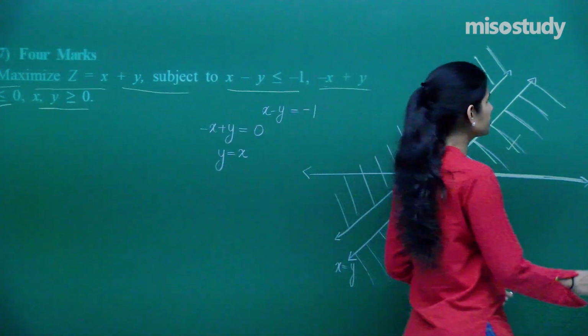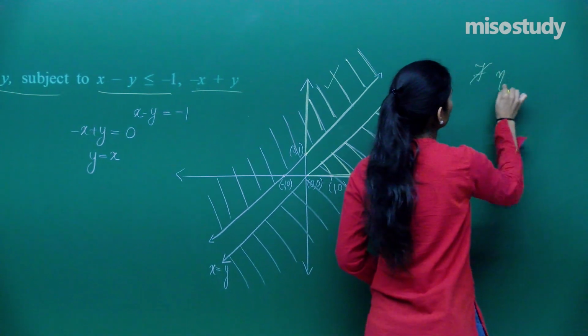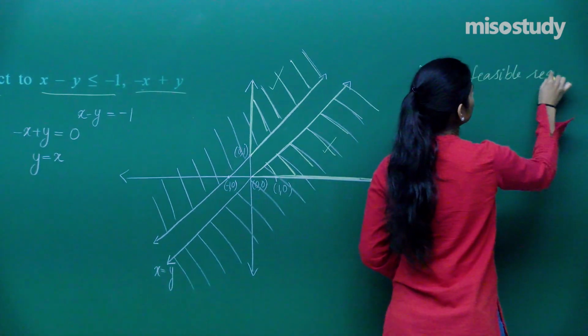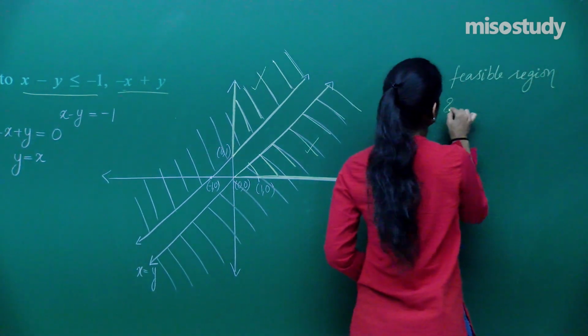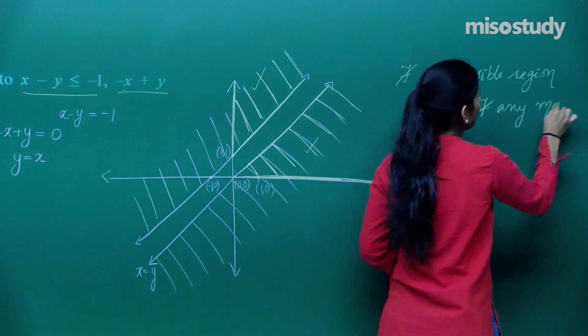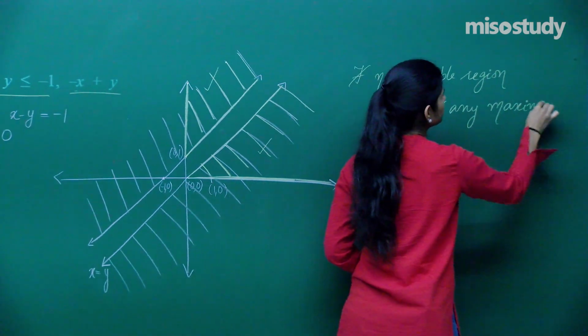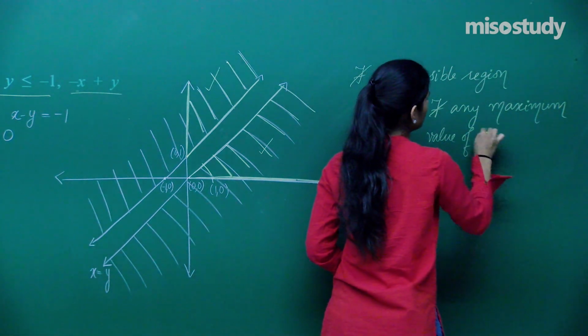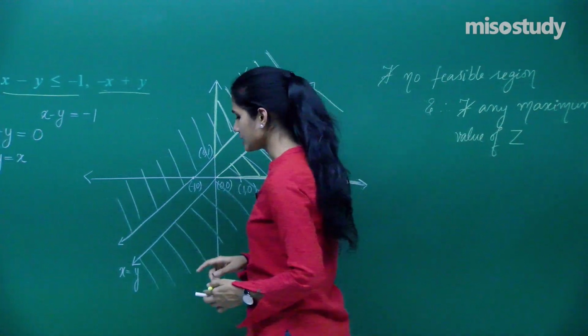So I am clearly going to say there exists no feasible region, and therefore there does not exist any maximum value of z. I cannot maximize z.